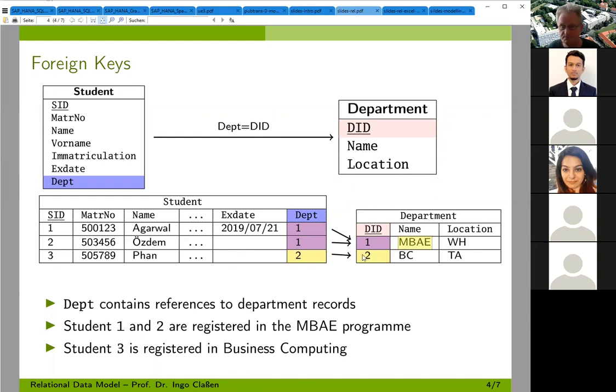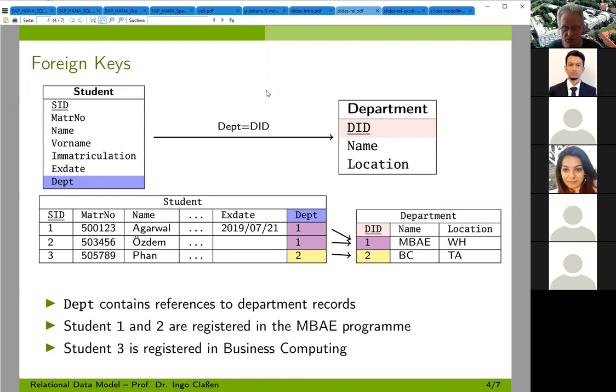That's an important property of a foreign key, namely that it constitutes a so-called one-to-many relationship.